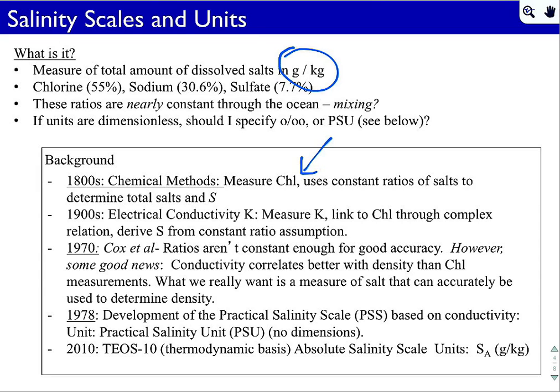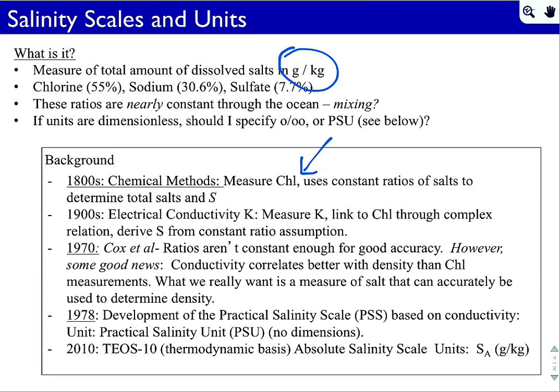They'd measure just one of them, chlorine, and use the constant ratios to determine the total amount of salts and convert that to the salinity. This is a very slow method because you actually have to extract the chlorine from the seawater sample. Electrical conductivity allows you to use conductivity as a proxy. So K is measured. It's a proxy for salinity, and using a complex relation you can derive S.